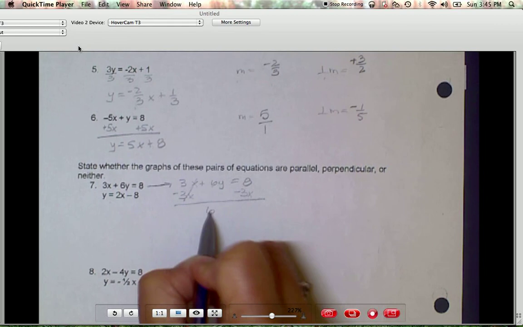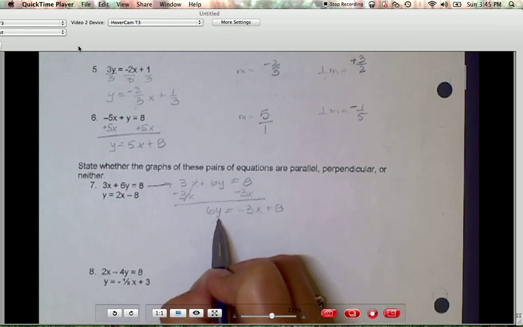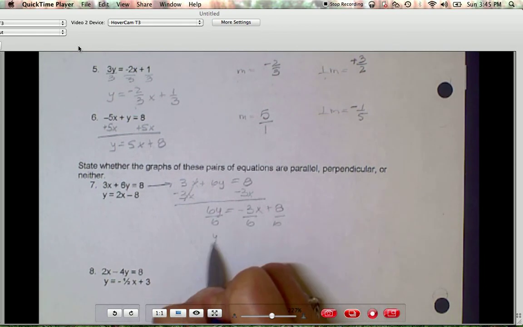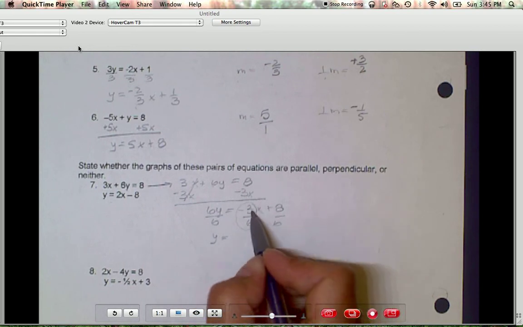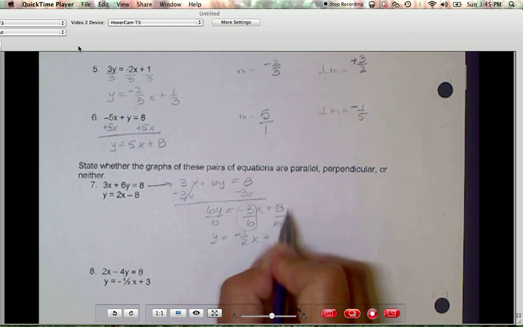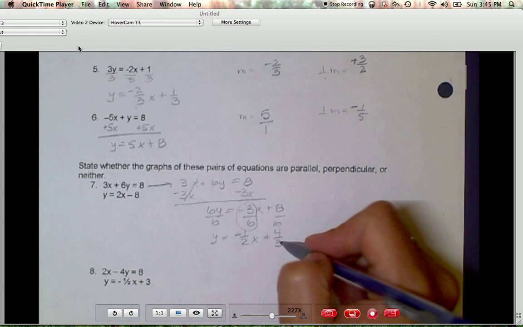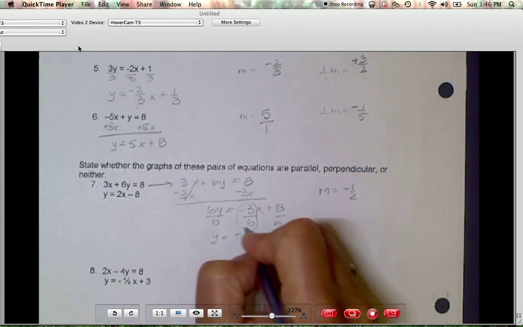And we get 6y equals negative 3x plus 8. Still need to get y alone, so we divide each piece by 6, and we get y equals, now you want to simplify this slope, so divide the top and bottom by 3, and we get negative 1/2 x plus 4/3. So the slope of this line is negative 1/2.